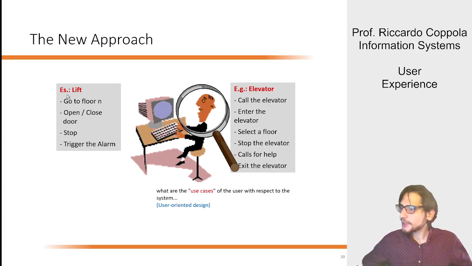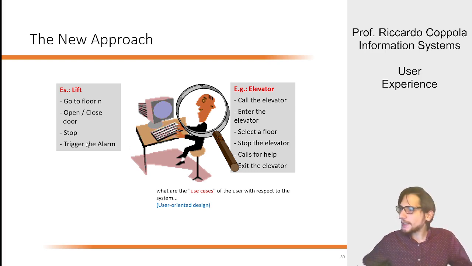In the user experience, in the user-centered design, we instead focus on the use cases. When we talked about use cases, if we needed to develop the software for an elevator, what are the use cases for an elevator? In this case, we want to call the elevator, we want to enter the elevator, we want to select a floor, stop the elevator, call for help, and exit the elevator.